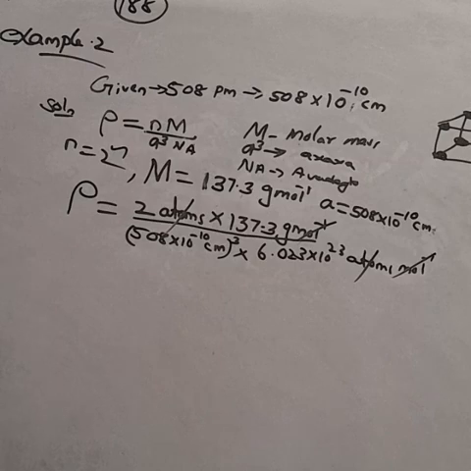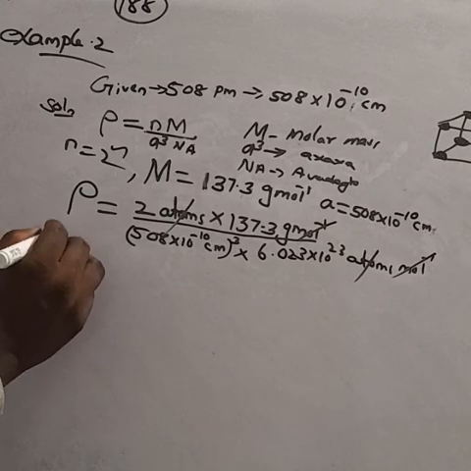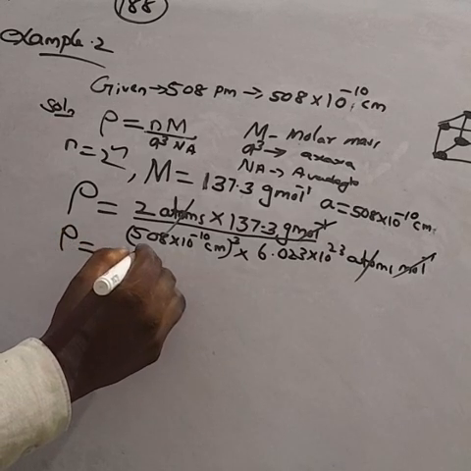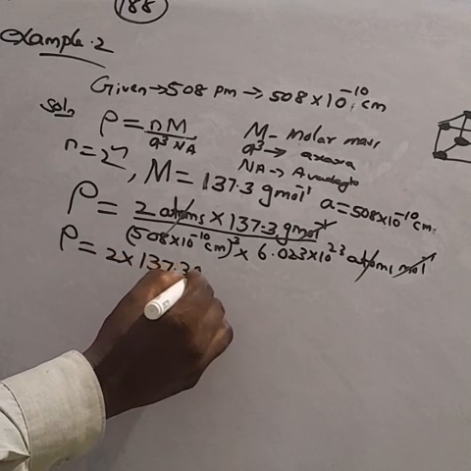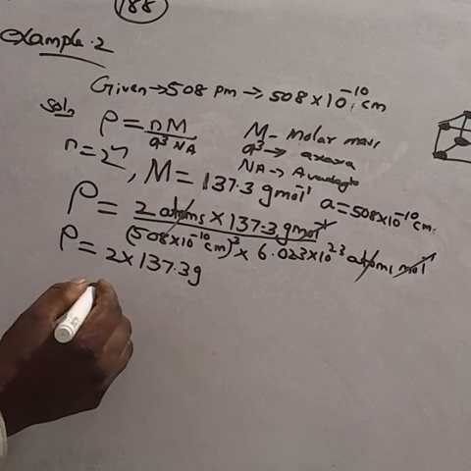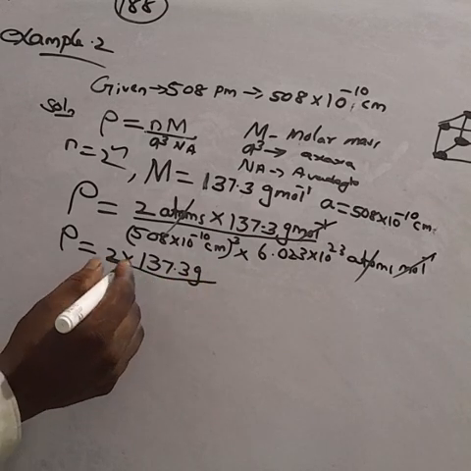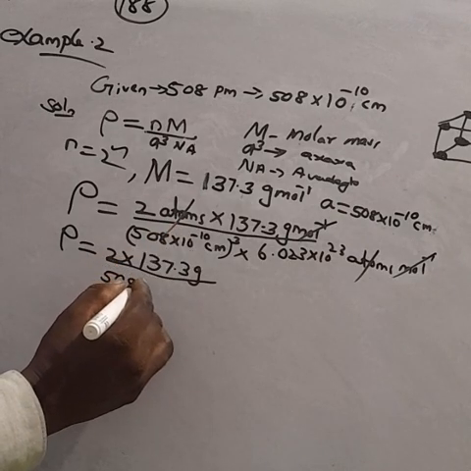Now again I am writing one more step. Rho is equal to 2 into 137.3 gram divided by 508 cube.